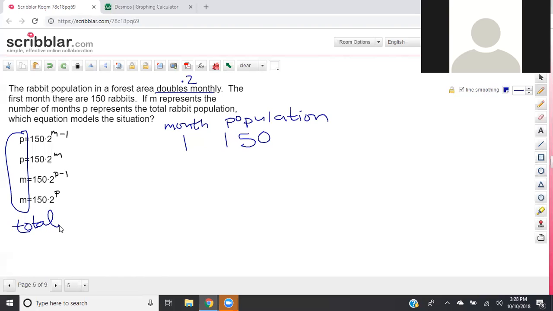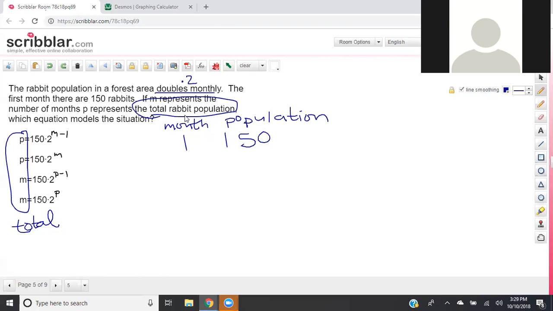Pretty sure it would be M equals 150 times 2. Okay. So M is the total amount. Is there anything in the sentence that talks about total? Yeah, the number of months represents the total rabbit population, so it'd have to be P.